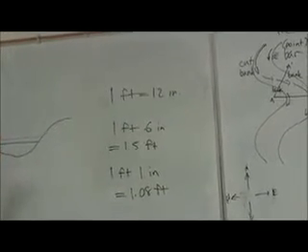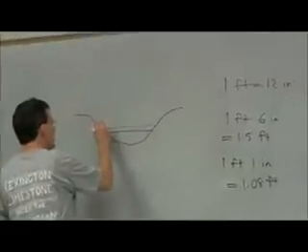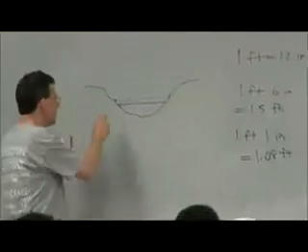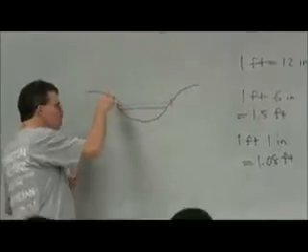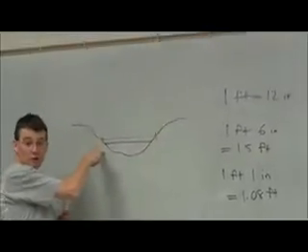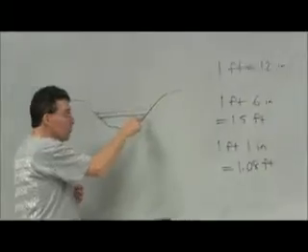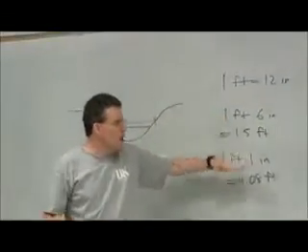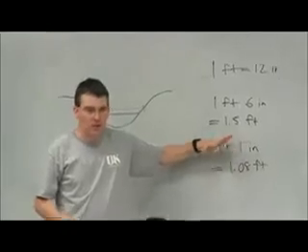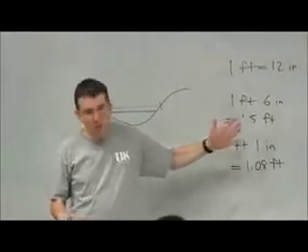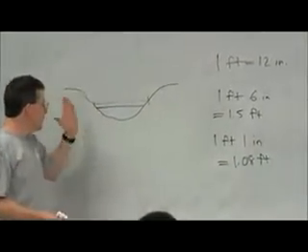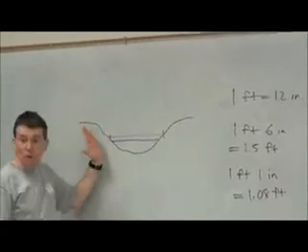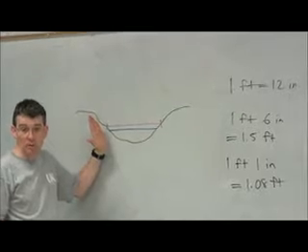So what I'll typically do is take a stake or a screwdriver or something like that and anchor it on either bank. But what that means is that I have to know the distance from this endpoint to the stream, and then the distance from this endpoint to the stream. So that's why when I'm dealing with fractional distances or distances in feet and some number of inches, it may be because I'm calling out the distance from the reference point to the edge of the stream.